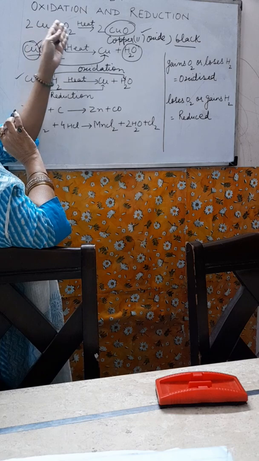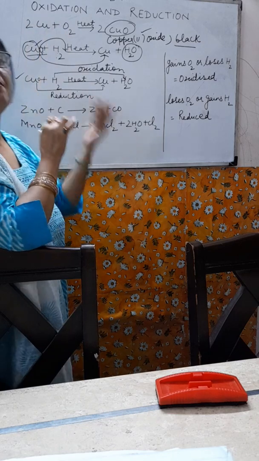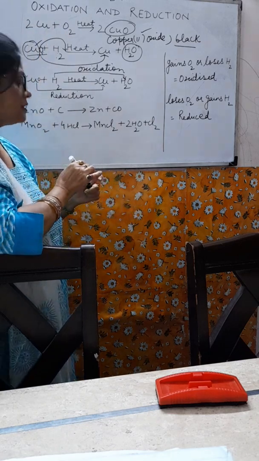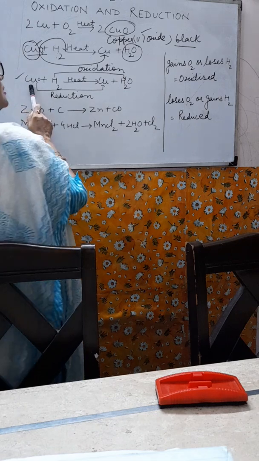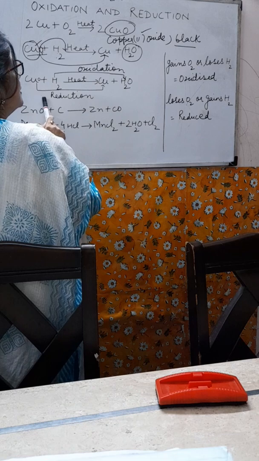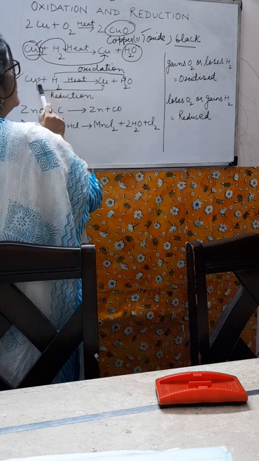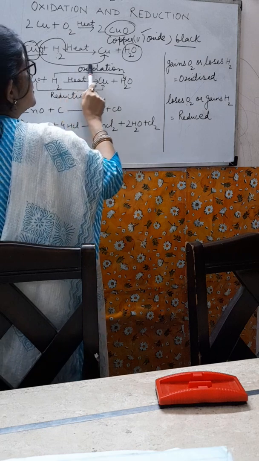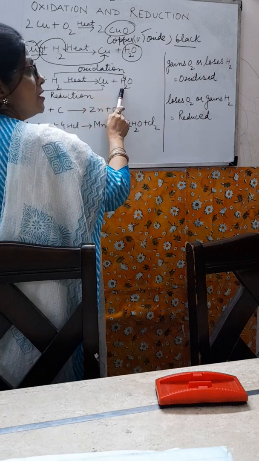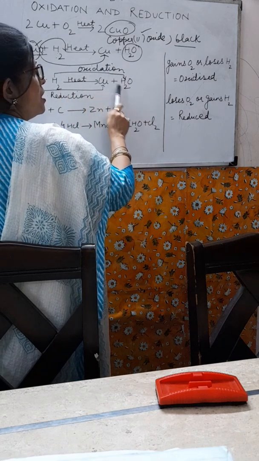Now look at this reaction of copper combining with oxygen and then again passing hydrogen. In this reaction, what is happening? See, this copper oxide is here reduced to copper and hydrogen is oxidized to H2O.